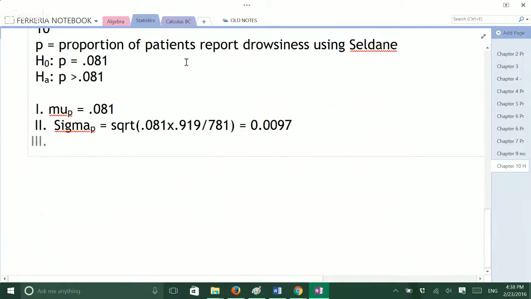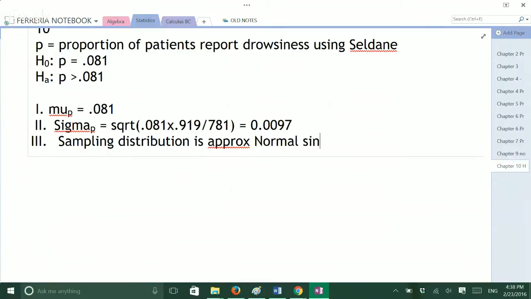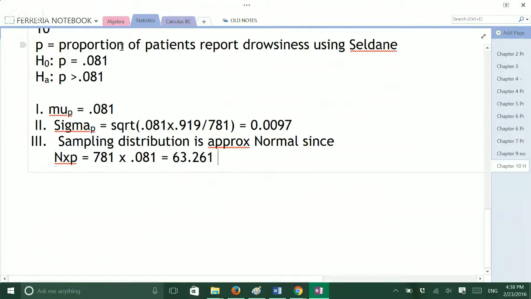Three, we have a normal sampling distribution, or approximately normal sampling distribution. Let's figure this out. We have N times P, that's 781 times 0.081, which is 63.